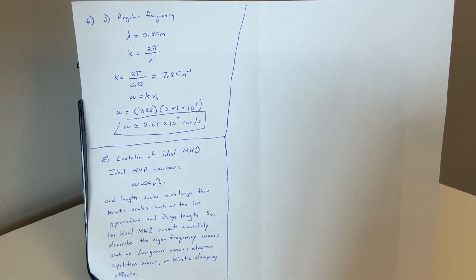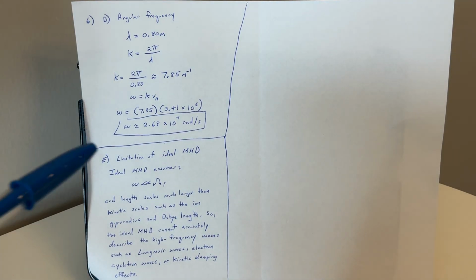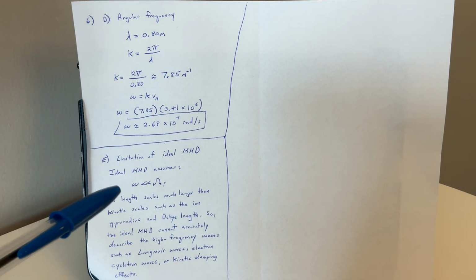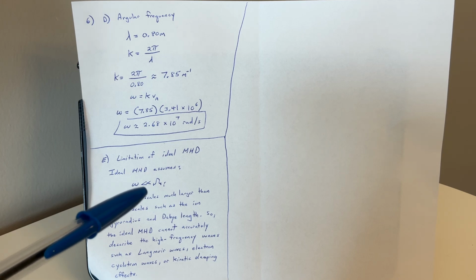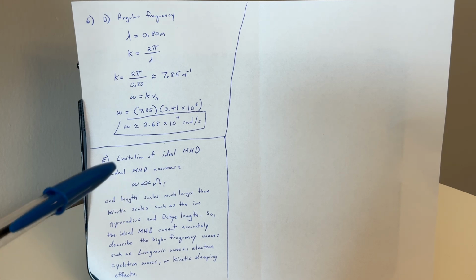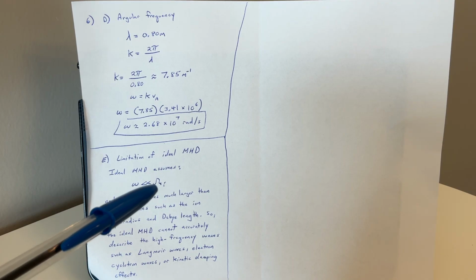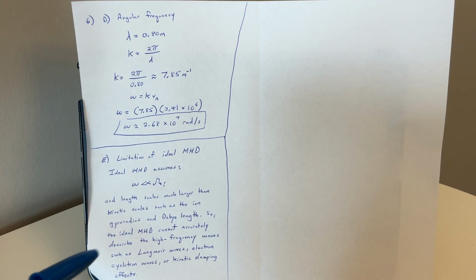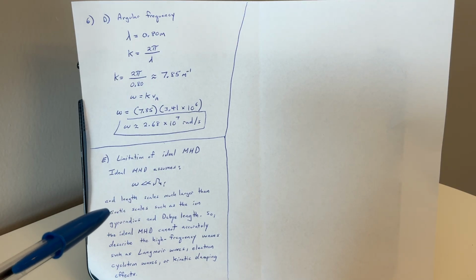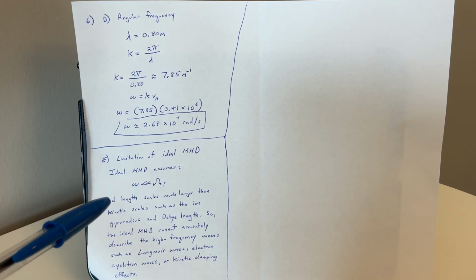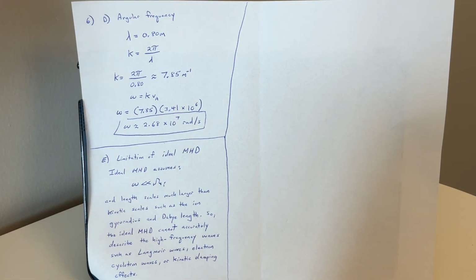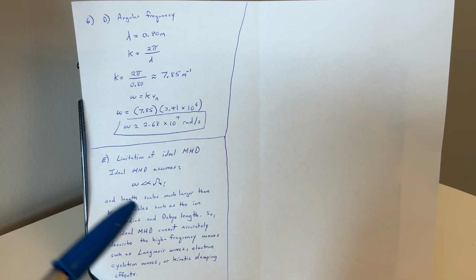A limitation of ideal MHD: ideal MHD assumes that our omega is much less than the capital omega sub I. It also assumes that the length scale is much larger than the kinetic scales, such as the ion gyro radius and Debye length.